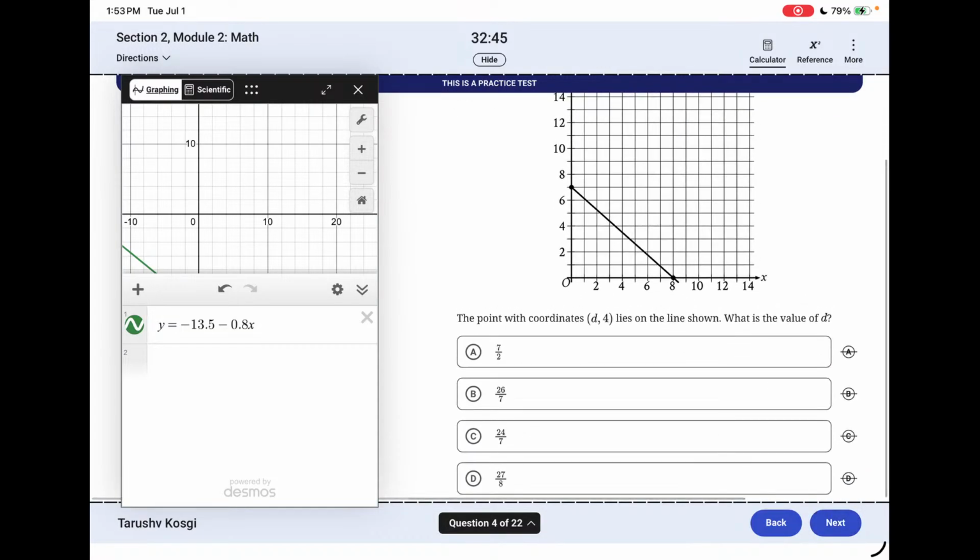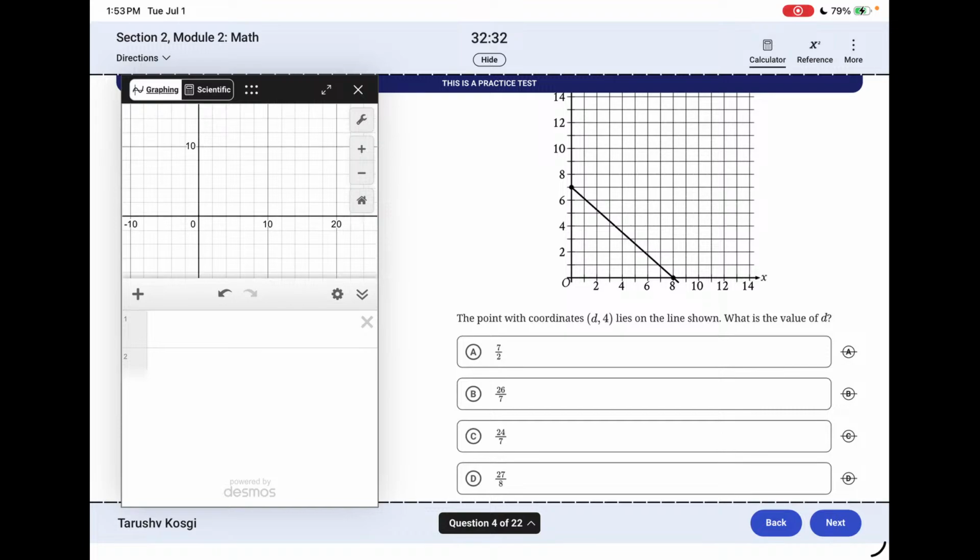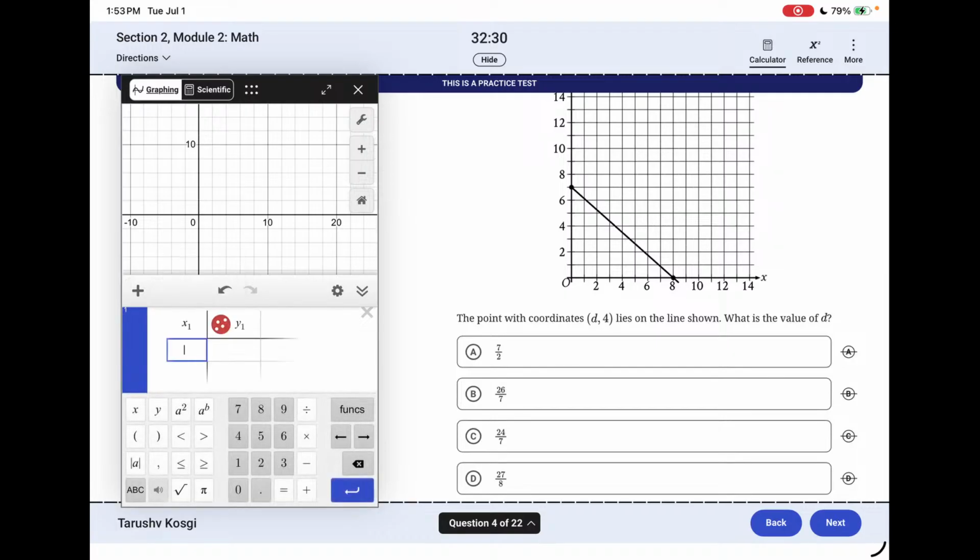Now, point with coordinates d, 4 lies on the line shown. What is the value of d? So I'm pretty sure we have to graph this, or just do this. 0, 7, d.